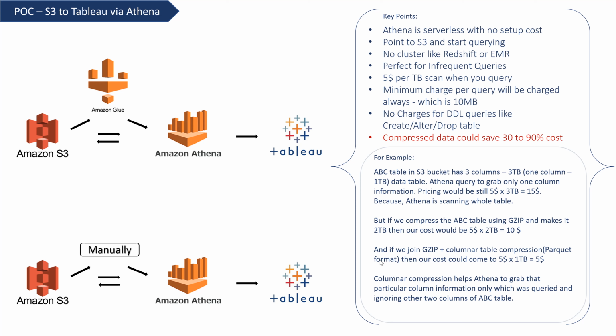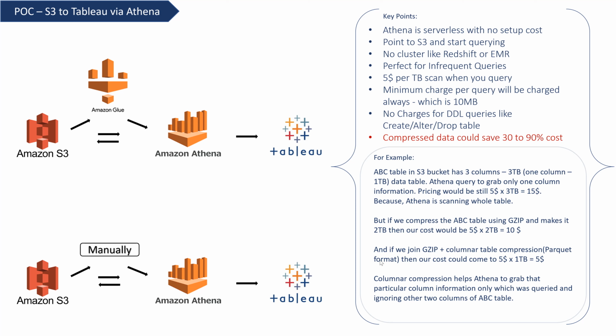But if we compress the ABC table using gzip and make it 2 TB, then our cost would be $5 times 2 TB. You can use gzip using Python or other software, and that will save a lot of money if you are directly communicating with an S3 bucket.